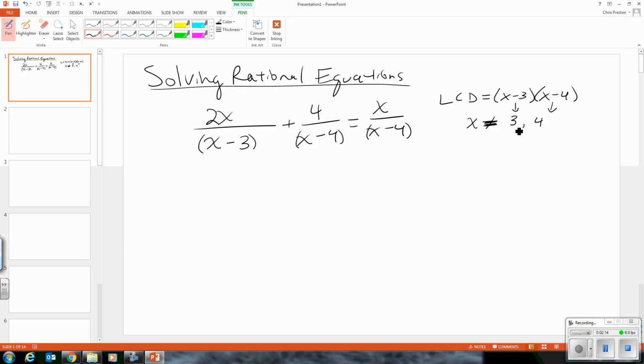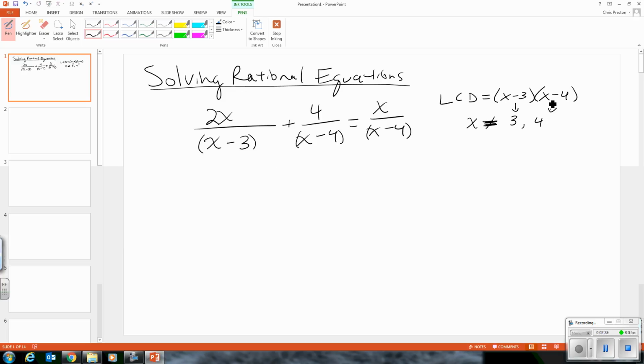So 3 is not a legitimate answer. Likewise, 4 would make x minus 4 zero, and you can't divide by zero, so 4 is not a legitimate answer either. That may not be a problem when we work it out, but if we get either of these as answers, that answer will not work.